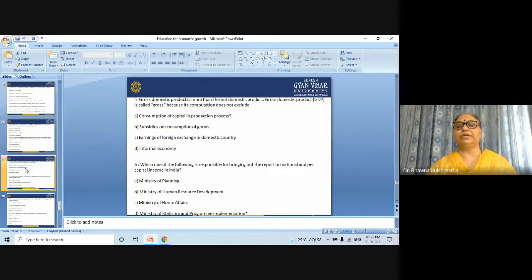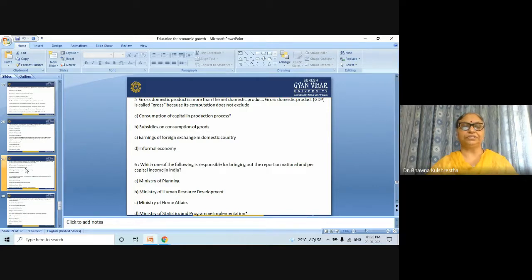Gross domestic product is called gross because its computation does not exclude consumption of capital in the production process, substitute to consumption of goods, earning of foreign exchange in the domestic country, or informal economy. The answer to this question is consumption of capital in the production process.